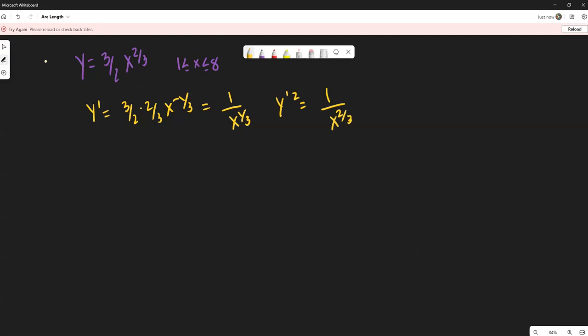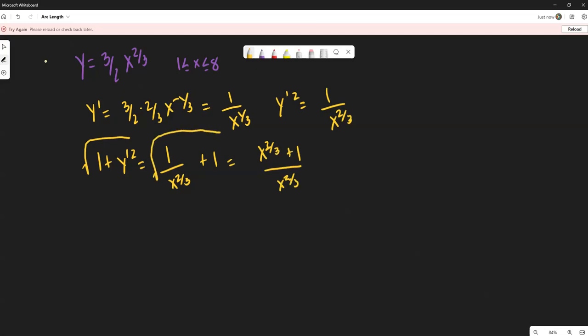But we also have to add 1, so 1 plus y prime squared equals 1 over x to the 2/3 plus 1, which would be x to the 2/3 plus 1 divided by x to the 2/3. Now, we have to take the square root also.